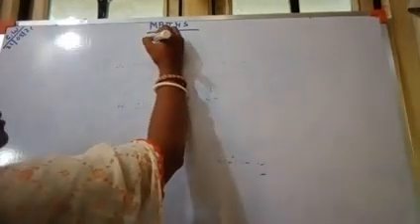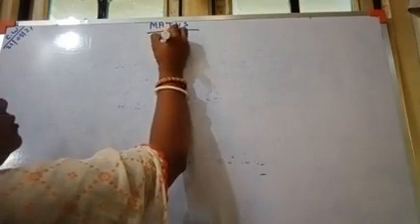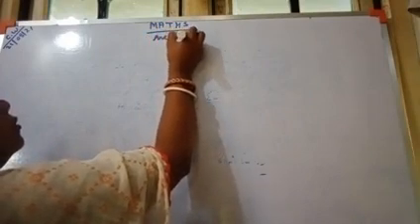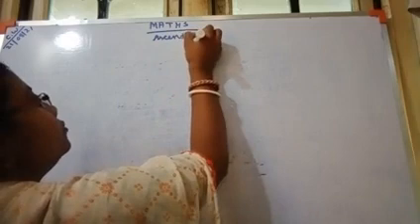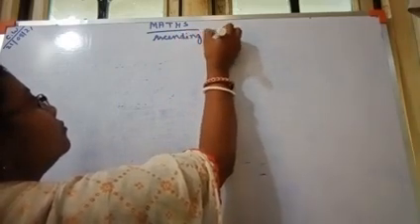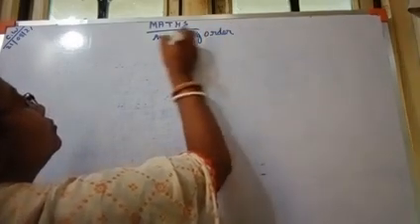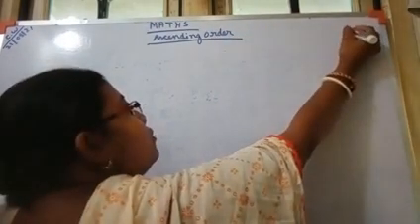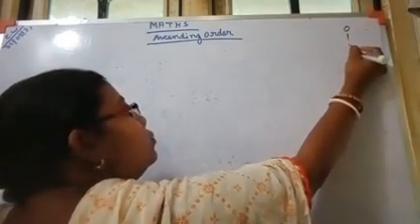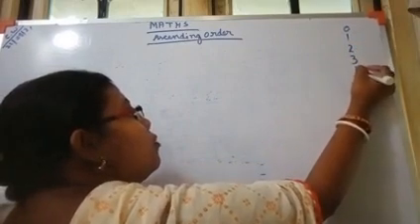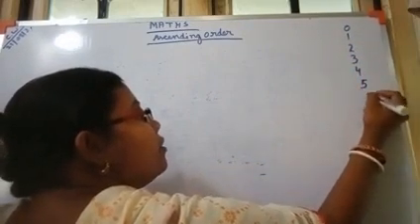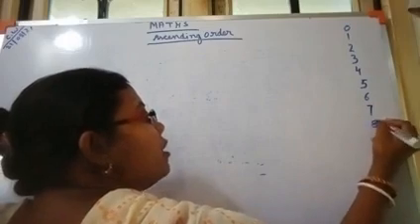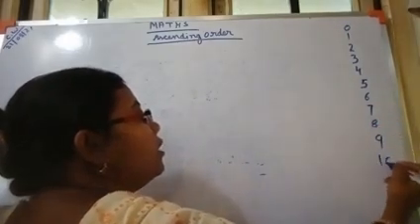First we will do ascending order. Before doing the ascending order, we will write here 0, 1, 2, 3, 4, 5, 6, 7, 8, 9, 10.